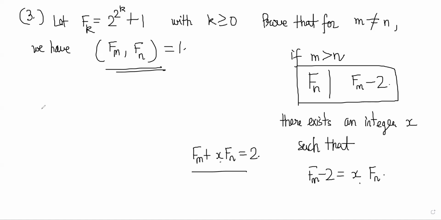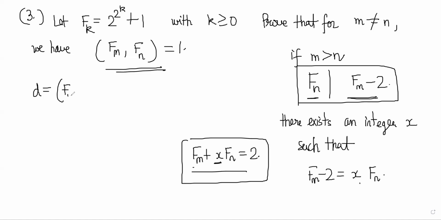So we are getting this result. Because Fn divides Fm minus 2, we have an integer x such that Fm plus x times Fn is equal to 2, right? Now let's suppose D is equal to the GCD of Fm and Fn, right? So that means D divides Fm and D divides Fn.